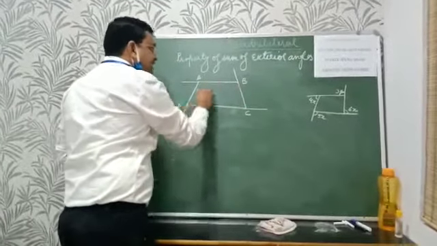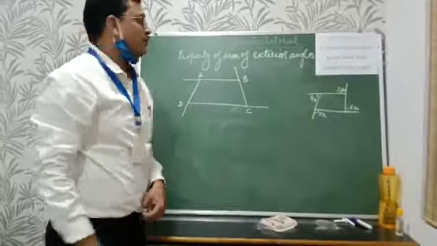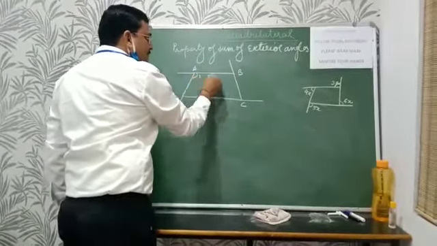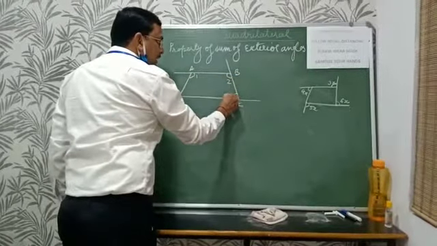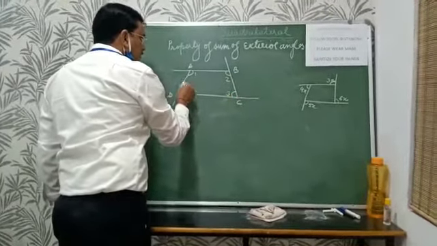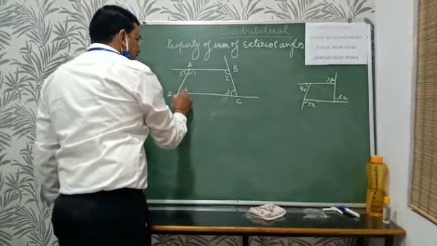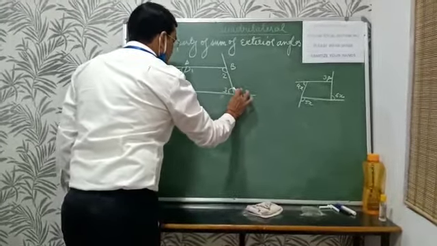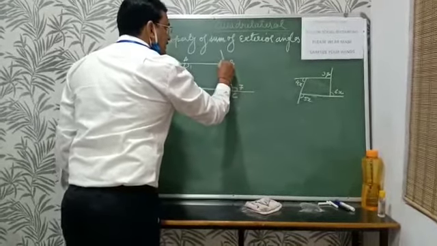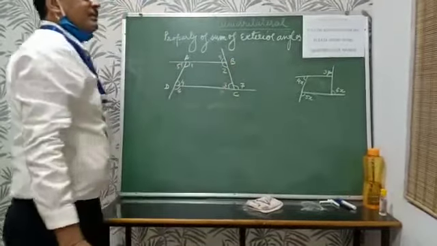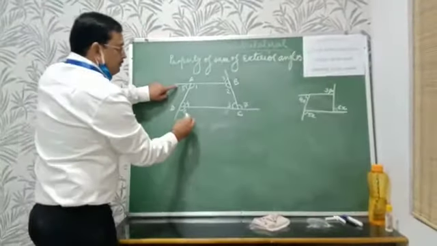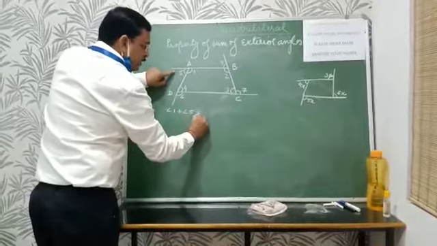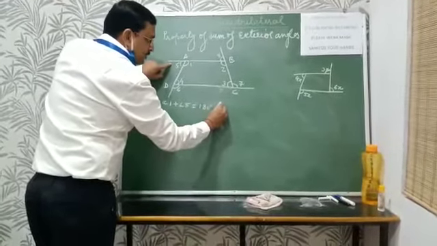Here ABCD is the quadrilateral. Now we produce the lines and we can give the names: angle 1, angle 2, angle 3, angle 4, angle 5, angle 6, angle 7 and angle 8. Now come to this line. Angle 1 plus angle 5 is equal to 180 degrees because it is a straight line.